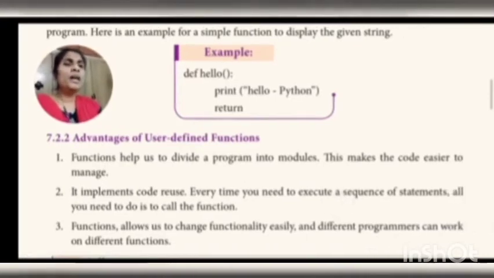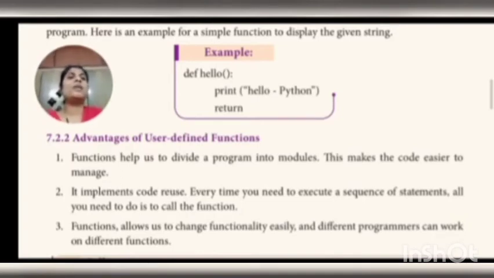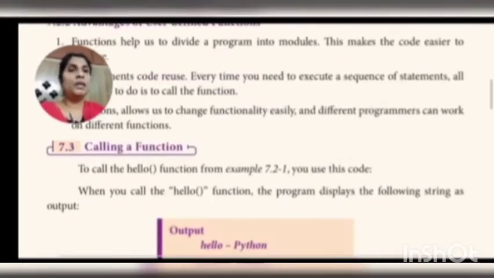So because of that, the code is easier to understand and to manage. That is the first point. Next, we can reuse the coding. We need not write it again and again many times. We can reuse that code. Next is that the functionality can be changed easily. With easy modification, we can create another function from that old function.